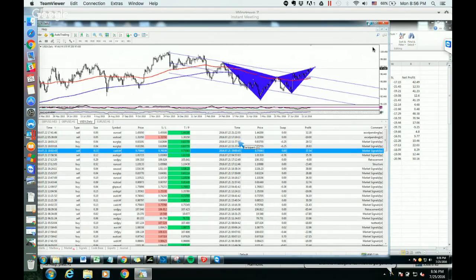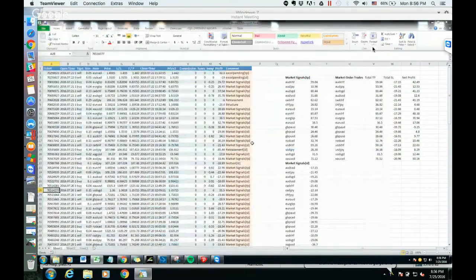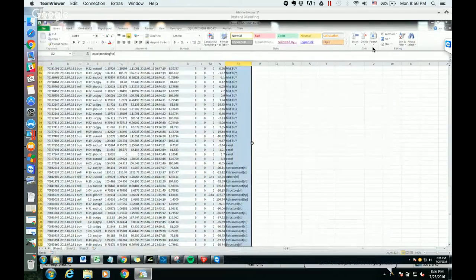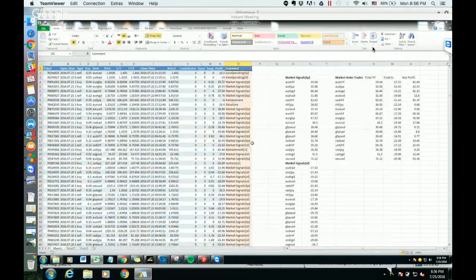And then from there, when I do my journal, the comments are very easily available here. So things like your market orders, retracement trades, structure trades. The position sizing is not very accurate because it's just a demo account, so I'm just testing out stuff. You can see how having all these comments actually makes it clearer when you're analyzing your trades.